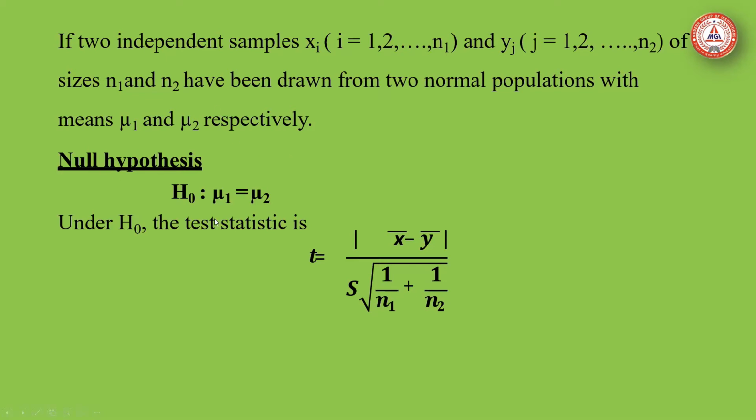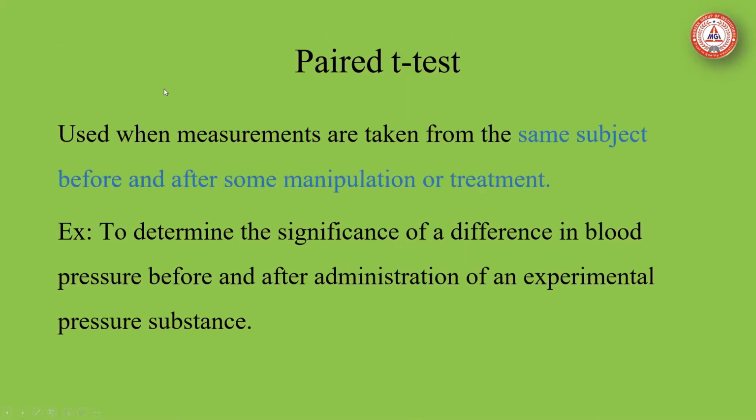According to null hypothesis H0, where mu1 is equal to mu2, under this condition, x bar minus y bar, means of the samples, S is the standard deviation, and n1 and n2 are the sizes of the samples.